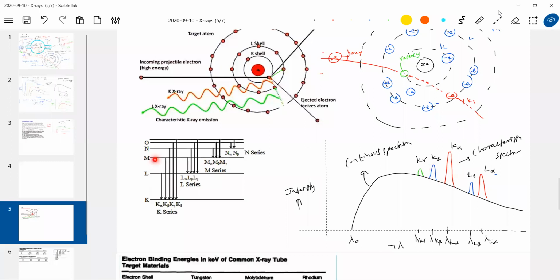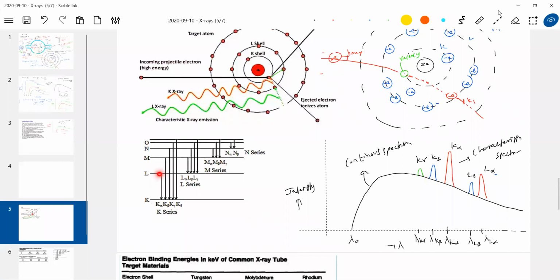Similarly, a vacancy in K shell: what about the probability of the vacancy being filled up by the M shell? Less compared to L. So the K beta number should be less. You can see here now. Then K gamma. What is the probability?